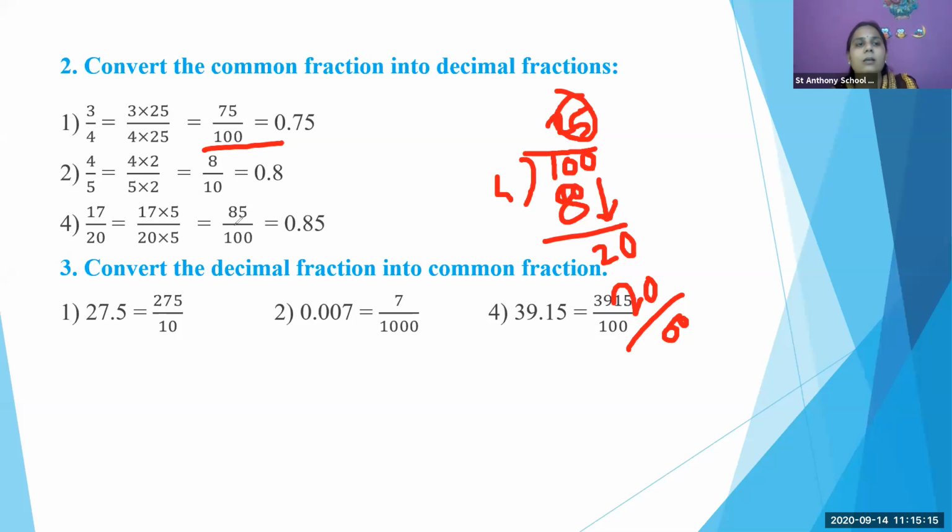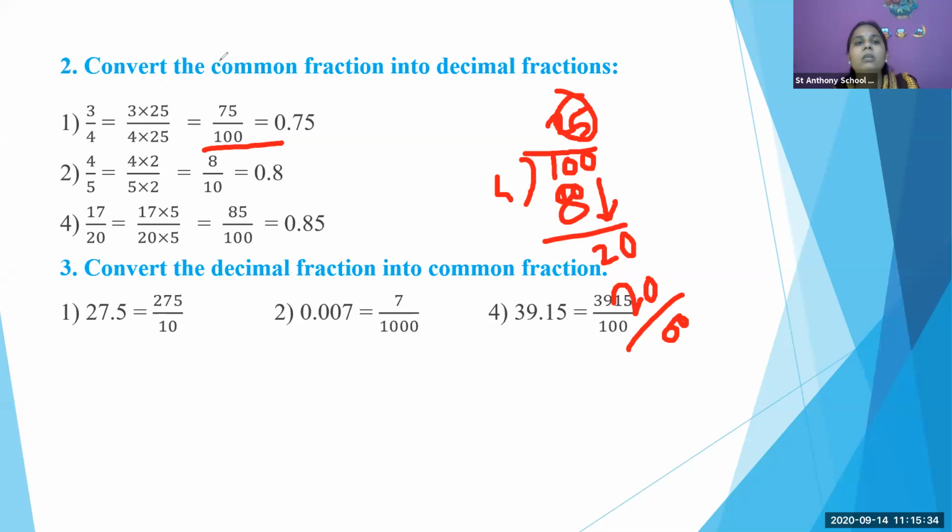But clearly 25 into 4 is 100, we know that, right? Now 4 into 25 is 100. If I multiply this 4 by 25, I will also multiply this 3 by 25 because both the numerator and denominator get multiplied with the same number. Now 4 into 25 is 100 and 3 into 25 is 75.